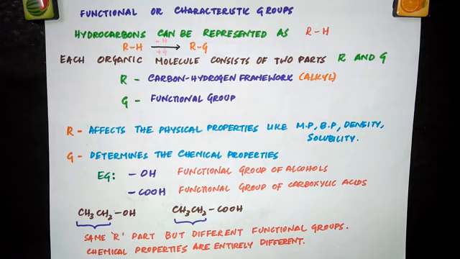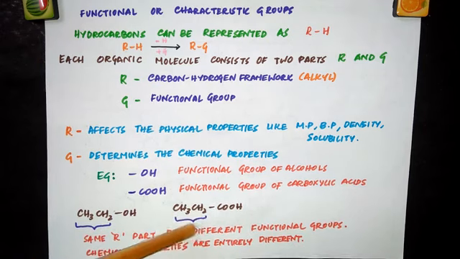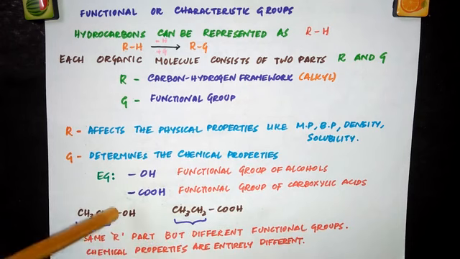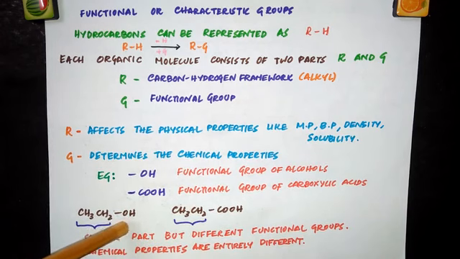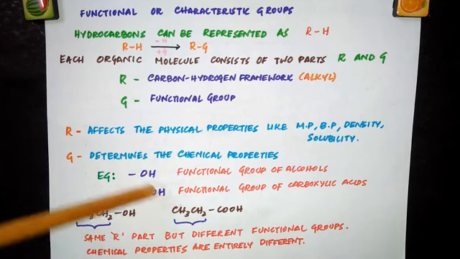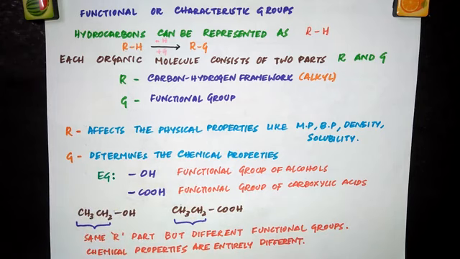What is the formula for ethyl group? Ethyl, it is CH3CH2. So here I have the ethyl part. Here also I have the ethyl part. So both are the same. But look at the functional group here. This is OH and this is COOH. So now we call this compound an alcohol, this compound an acid.